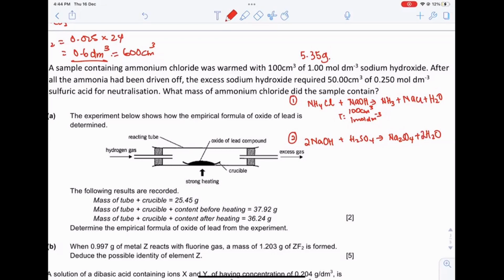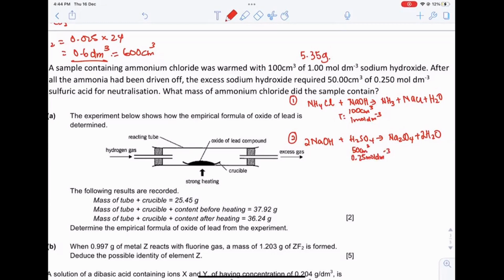So oxygen, there's 6 in total, so 6 on the right also. Okay, good. There's 2 sodium on the left, 2 sodium on the right. Okay, so it's balanced. So it requires 50 cm³ of 0.25 mole per dm³ sulfuric acid.